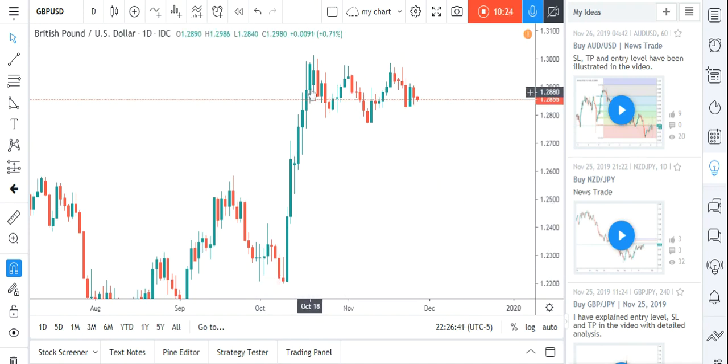after this sharp movement, when the majority of traders are expecting a downward retracement, it is not necessary that a downward retracement takes place today. Maybe it will be ranging in this range, something between this point and this point.